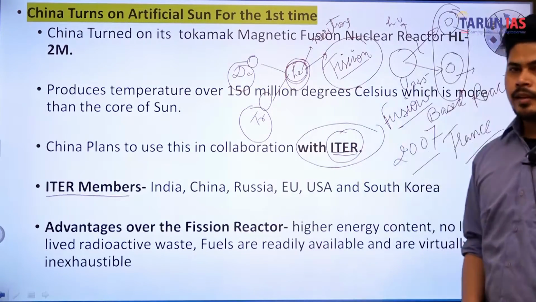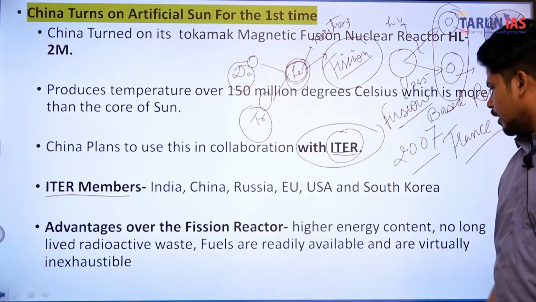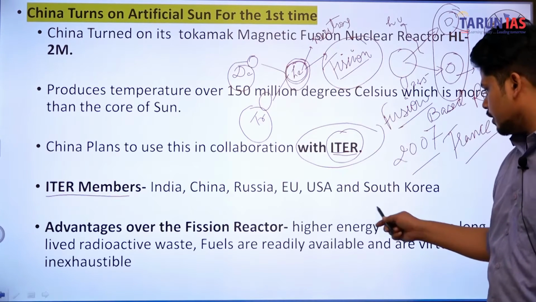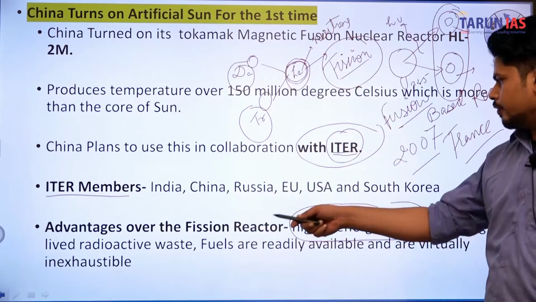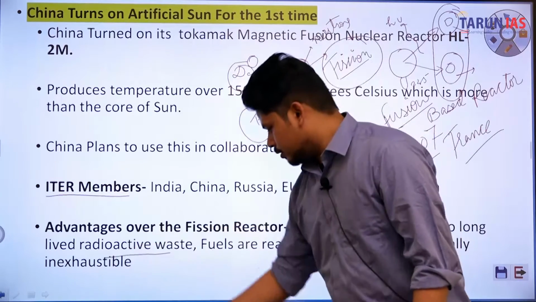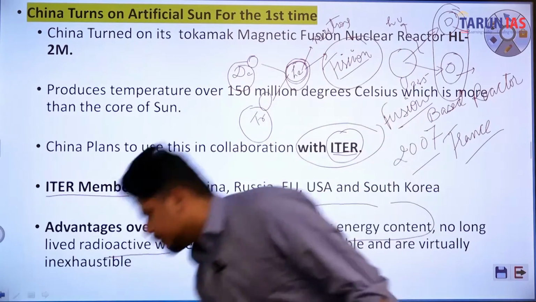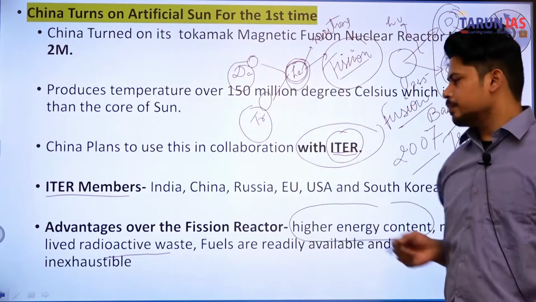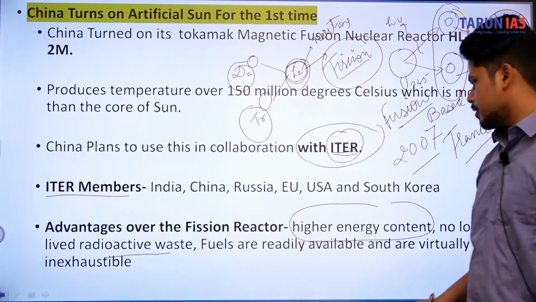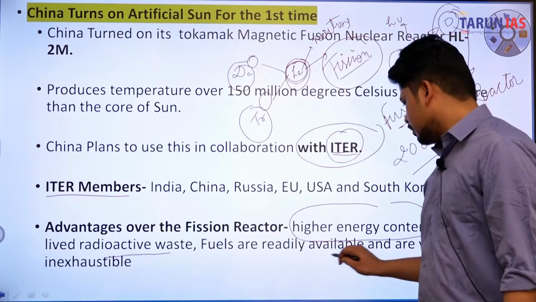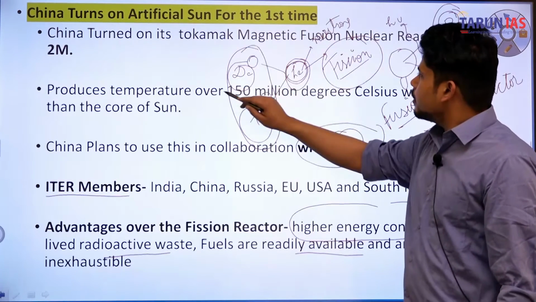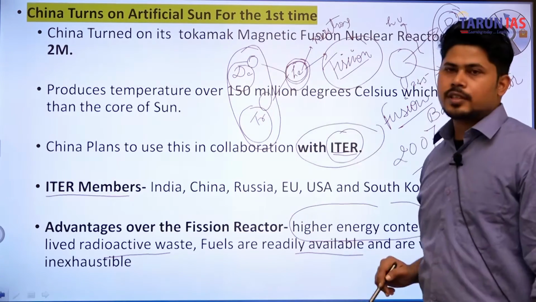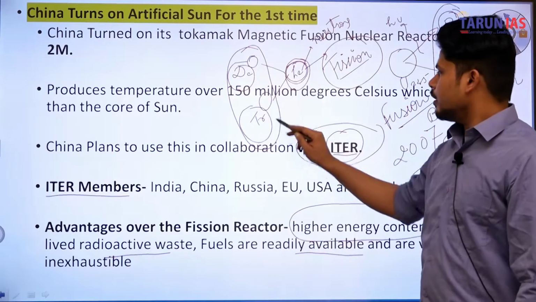Fine. Advantages of fusion-based reactor are high energy content. Obviously, as I told you, high energy content, no long-lived radioactive waste, because the substance that gets produced during fusion is helium. Helium is not a radioactive substance. Fuels are readily available because the material being used to produce this helium is deuterium and tritium.